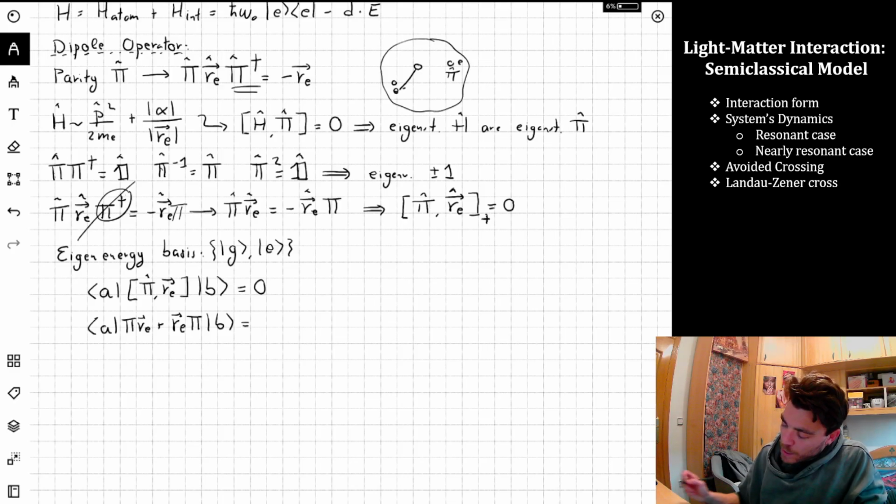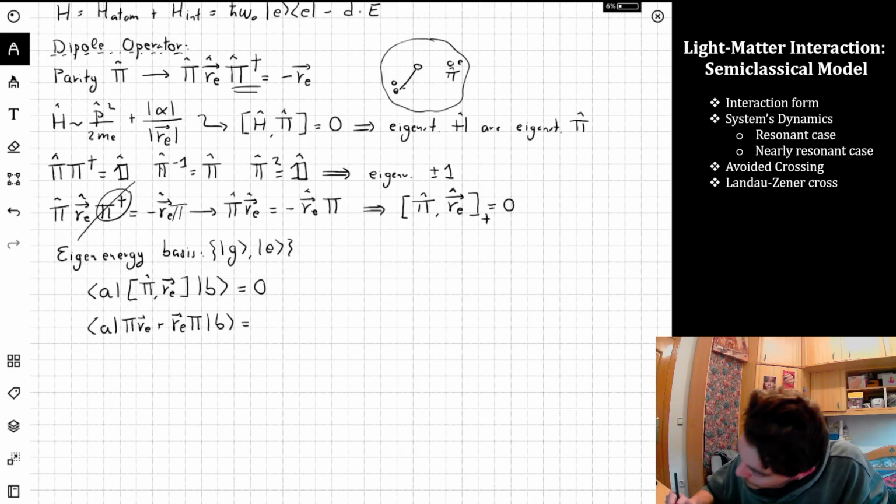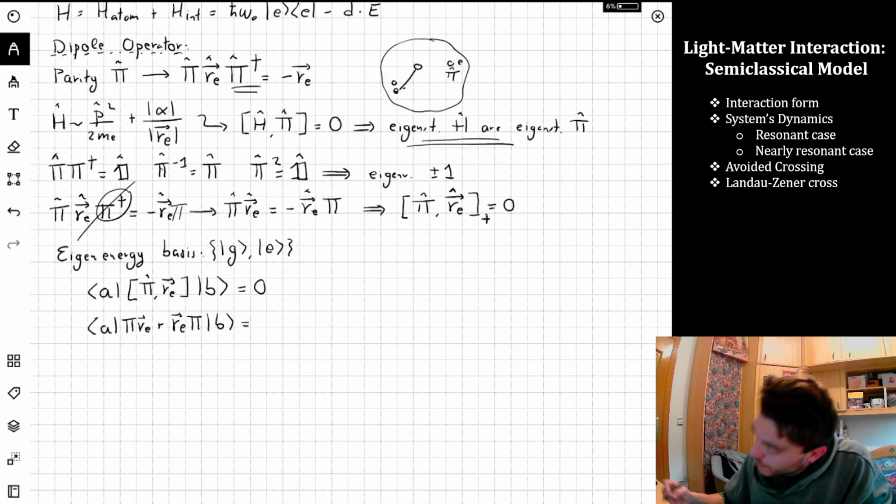And now what happens is that since the eigenstates of H are eigenstates of pi, then if these are in the eigenenergy basis, they are also eigenstates of pi. So I can apply pi from the right, and I will get a certain eigenvalue that I will call little pi a. So this is just an eigenvalue of the parity operator.